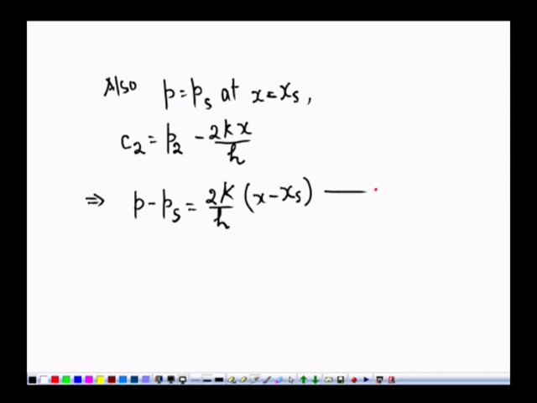So, this one is another important expression, or you can say the second.